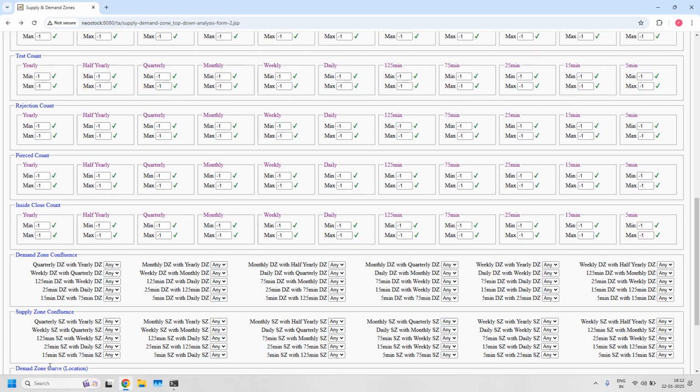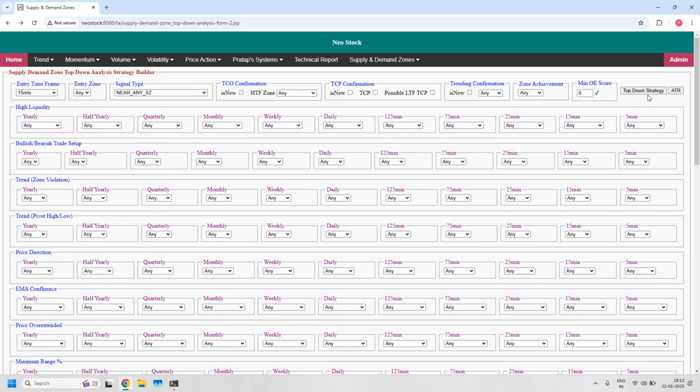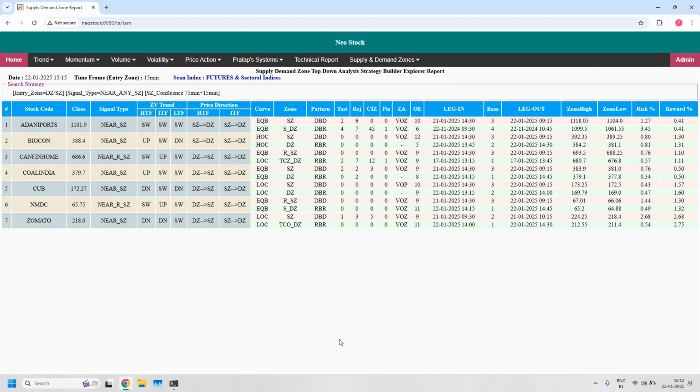Let us enable that filter. Now we got 7 stocks. In all these 7 stocks, these 15 minute supply zones are part of this 75 minute supply zone. That means they are overlapped with 75 minute supply zone.